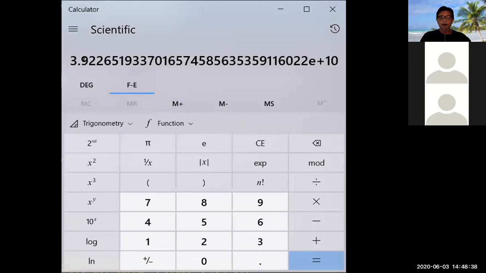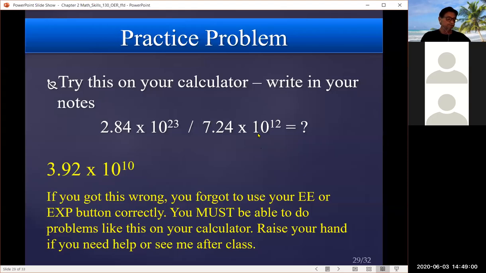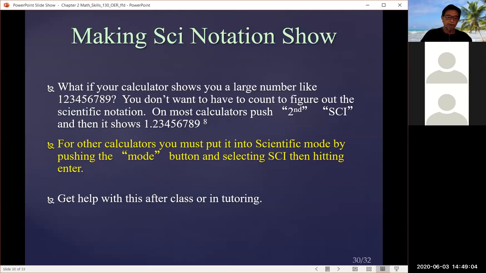The numbers we just multiplied had 3 sig figs, so I got 3.92. I have to truncate it after the first 2, so 3.9 times 10 to the 10th power would be my answer, which is what we had in this example. Okay, so feel free to ask me about the button. This format here sometimes depends on the calculator.